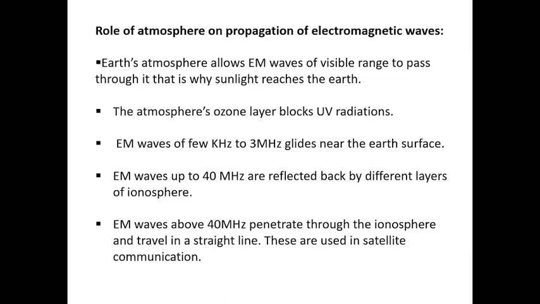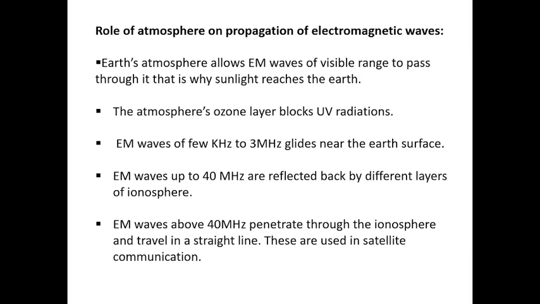EM waves of a few kilohertz to 3 megahertz glide near the Earth's surface; these are called ground waves. EM waves with frequency in the range of 40 megahertz are reflected by different layers of the ionosphere. These are called sky waves.